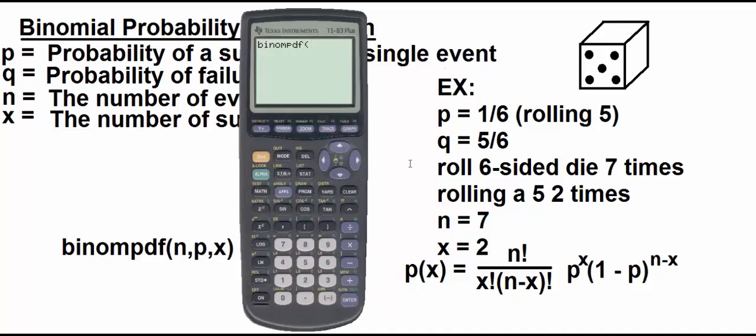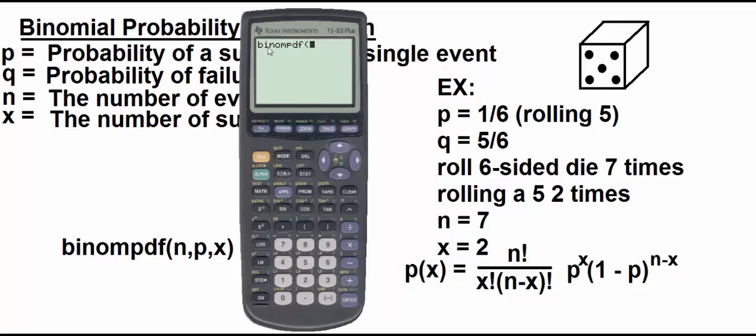So in our last example, we talked about rolling a 6-sided die, rolling a 5. You'd have a 1 in 6 chance of rolling a 5 and 5 in 6 chance of not rolling a 5. Let's say you roll that die 7 times, and you get exactly 2 successes. You roll a 5 twice.